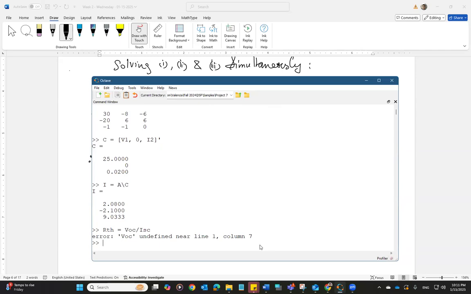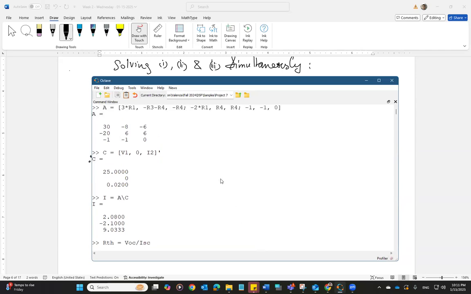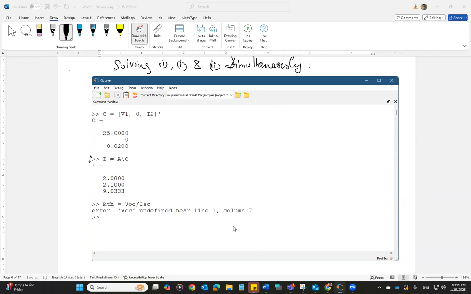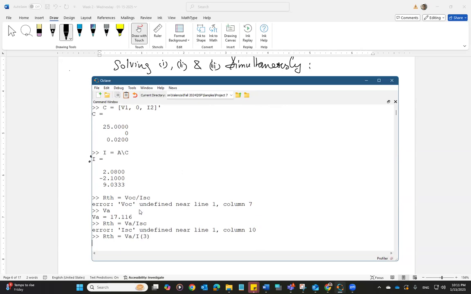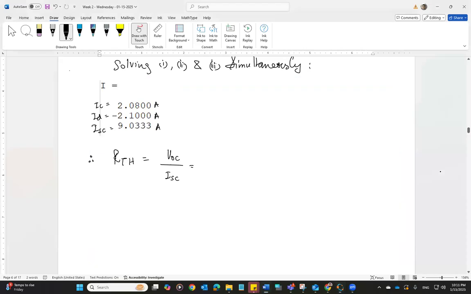That was VA, the variable that we used. So R Thevenin is equal to VA divided by I short circuit. I3, I did not assign the value, so it's simply I of 3 is I short circuit. 1.8947.